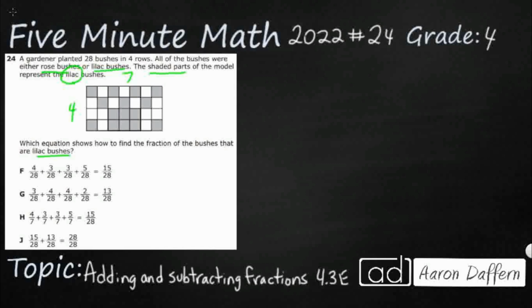So really, I'm just counting the shaded parts. Right? So it's not exactly a pattern. It is a pattern, but it's not like we have the same number each row. So let's just count shaded. 1, 2, 3, 4. I'm just going to go across the row. 5, 6, 7, 8, 9, 10, 11, 12, 13, 14.